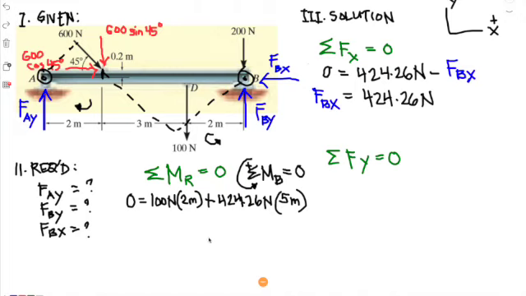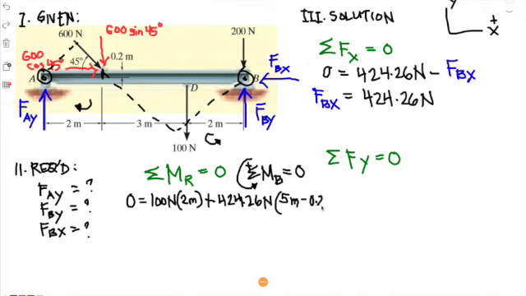So we have this is negative 424.26 newtons times 0.2. So it's safe to say that we can just do this as 424.26 times 5 meters minus 0.2, right?